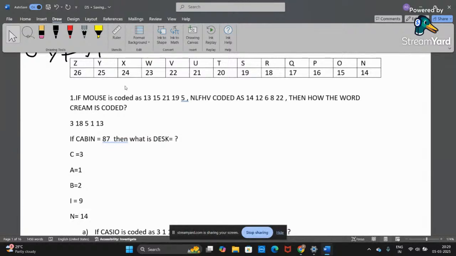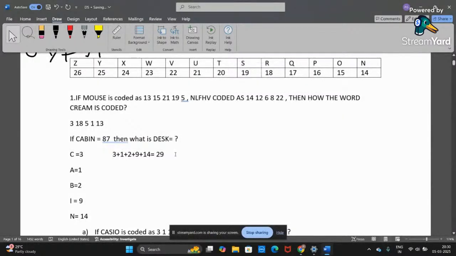So let's add these numbers. 3 plus 1, it is 4. 4 plus 2, 6. 6 plus 9, how much? 15. 15 plus 14 is 29. By adding all these numbers, we get 29, right? But here we got 87.